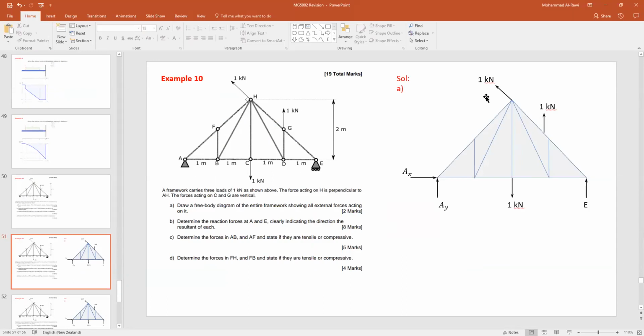So this is a free body diagram. I put everything from the original diagram, and I put AX and AY here, and then at the roller, only one support. And the 1 kilonewton should move to this point, and you do it that way and show this.